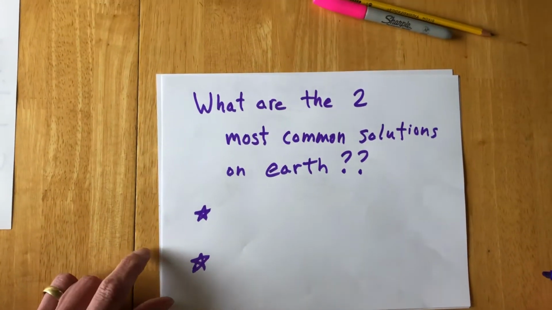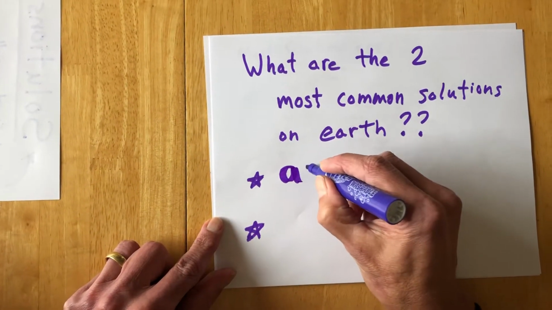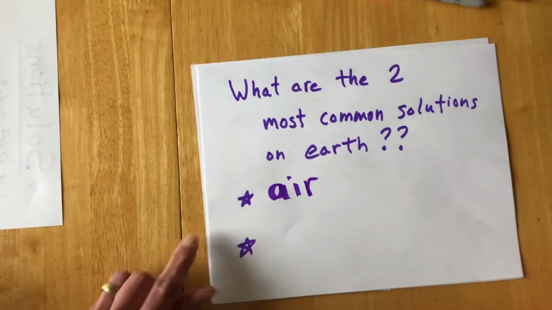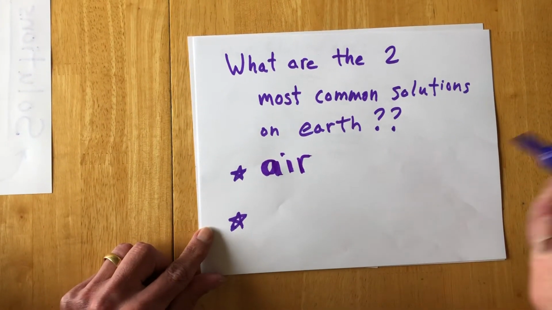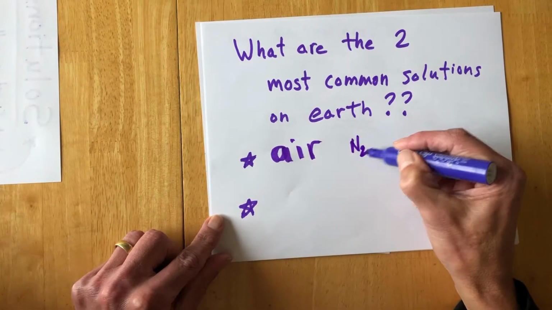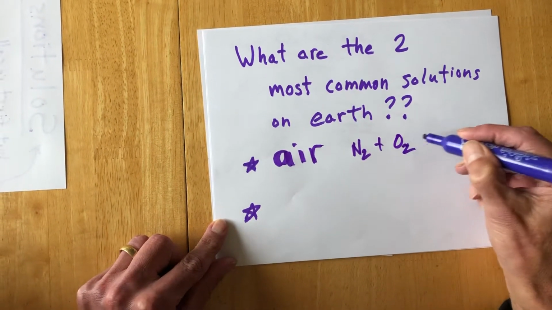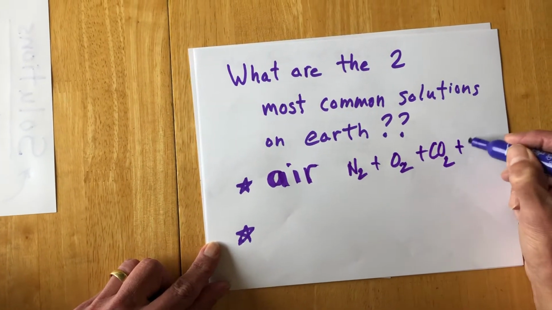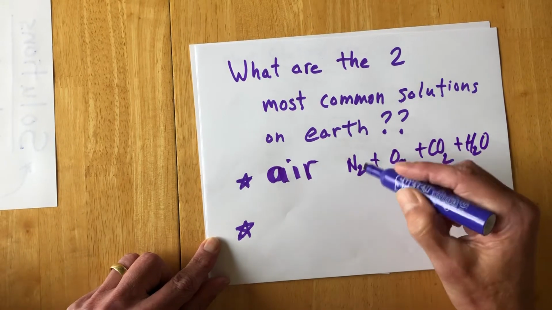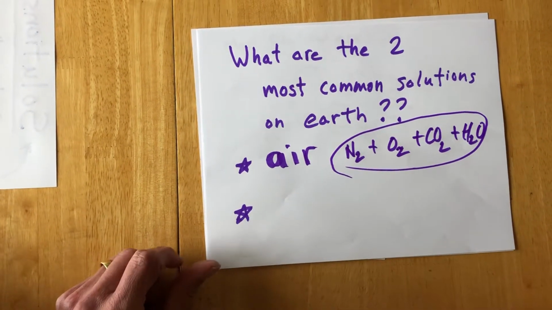And one of them would be air, because that's an even mixture of a lot of different gases. Nitrogen plus oxygen plus a bunch of other gases, carbon dioxide, water vapor, and they're evenly mixed. So that would be one of the most common solutions on Earth.